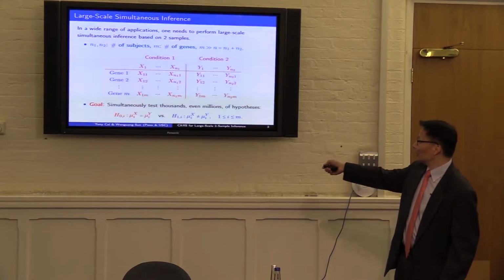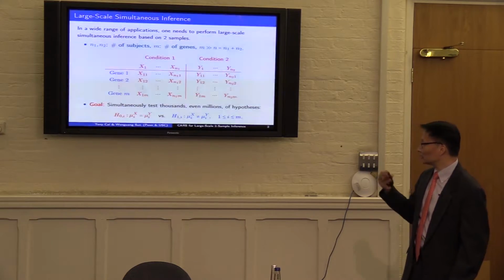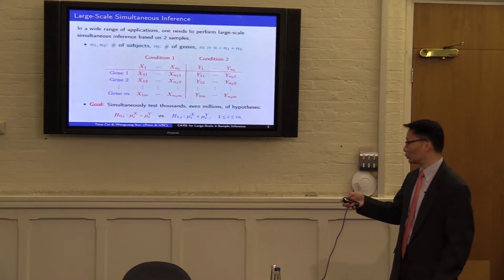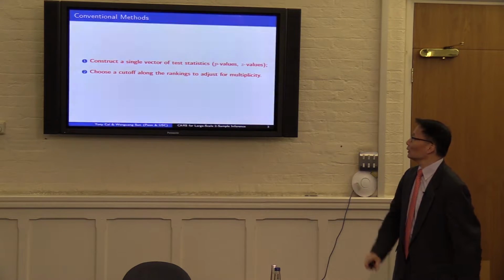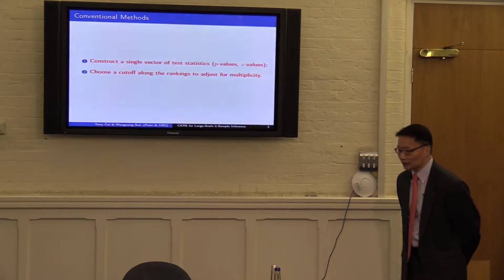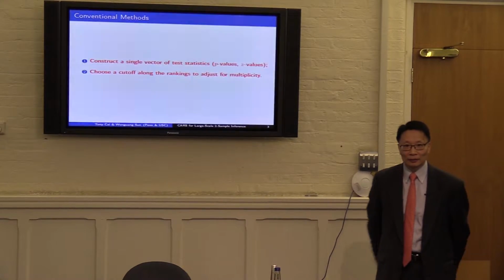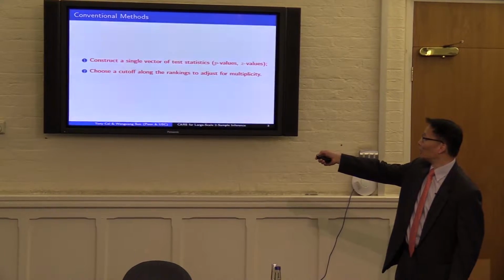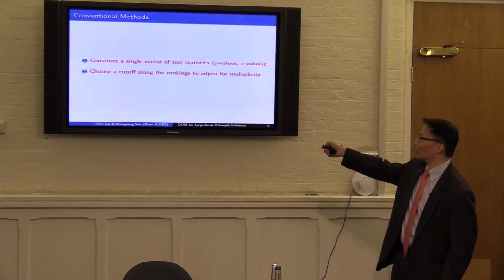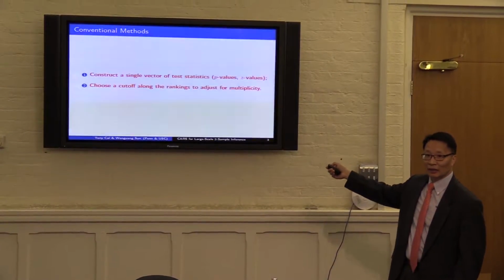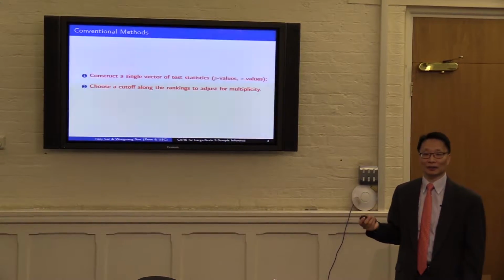So the problem is, I think by now, quite standard and widely understood. Here's a general principle. In the conventional methods, we summarize the original two samples into one column or one single vector of test statistics, be it p-values or z-values or some other summary statistics.